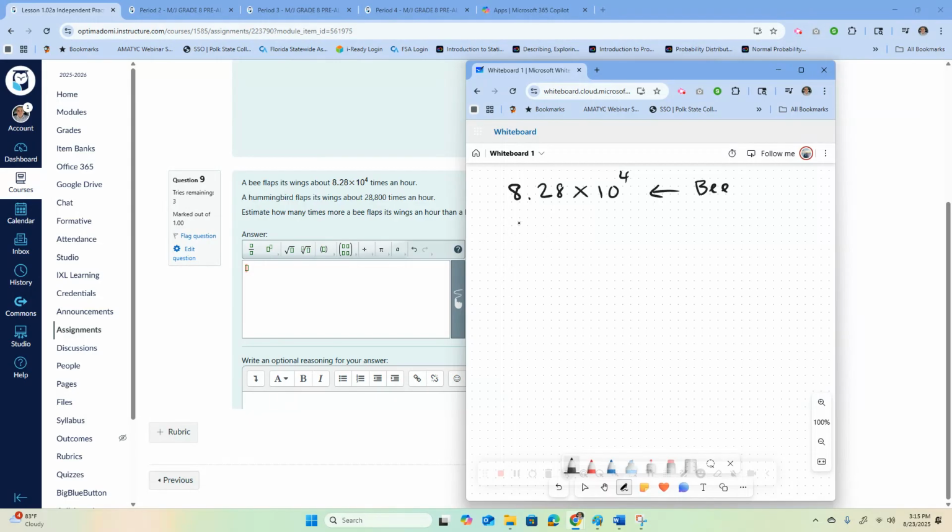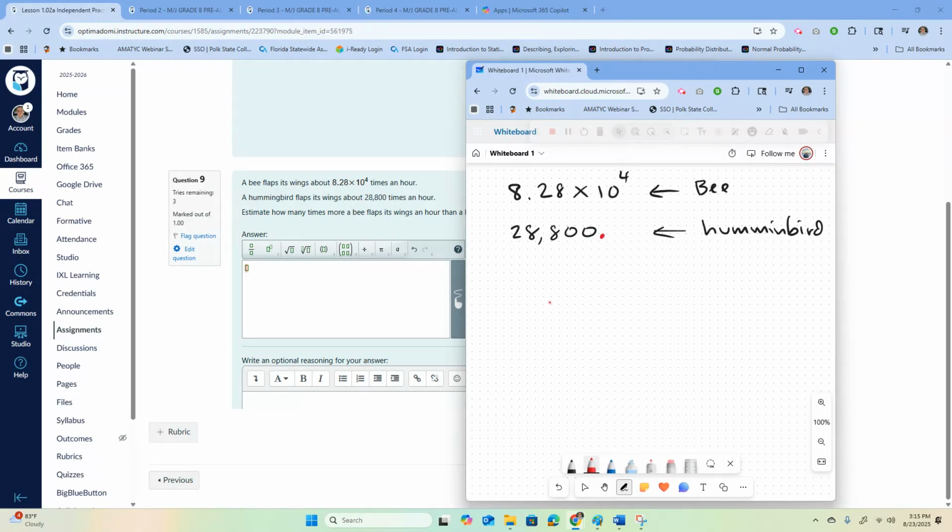You're going to take the 28,800, which is the hummingbird, and make it in scientific notation first. I know the original decimal point is all the way on the right end.